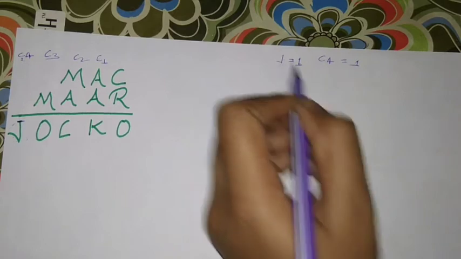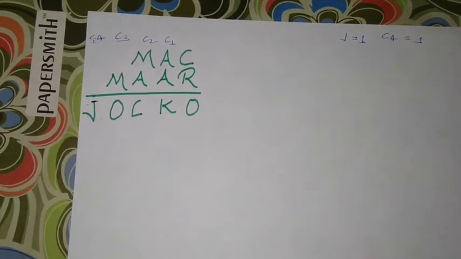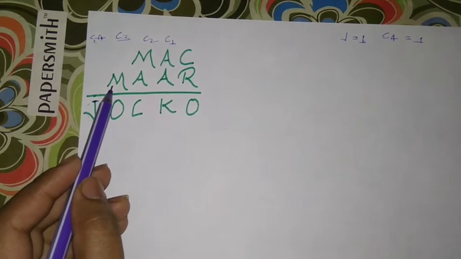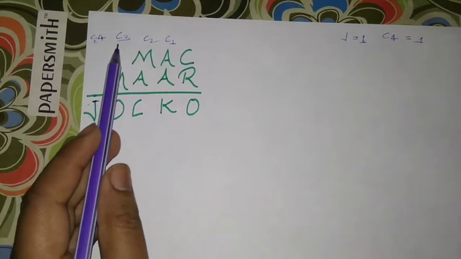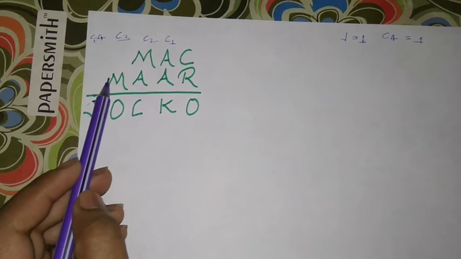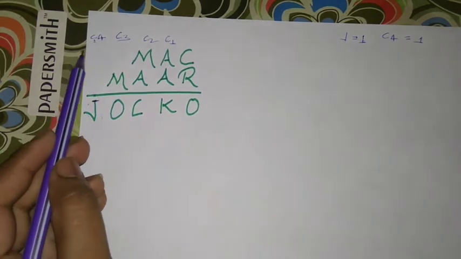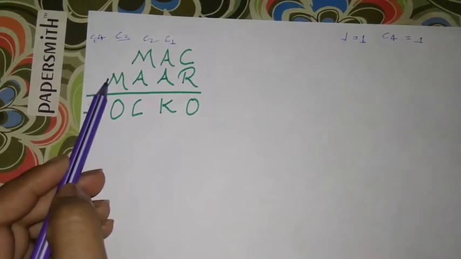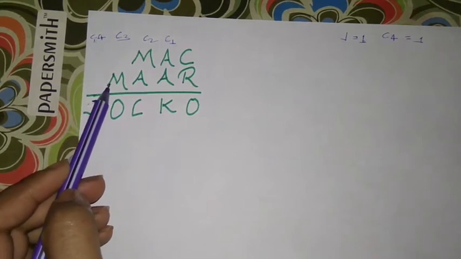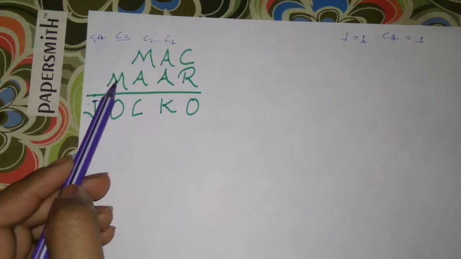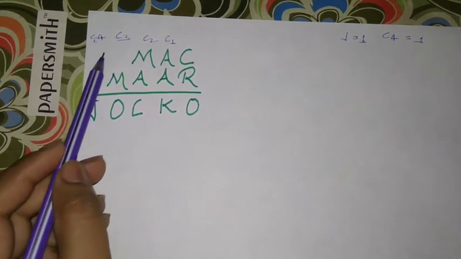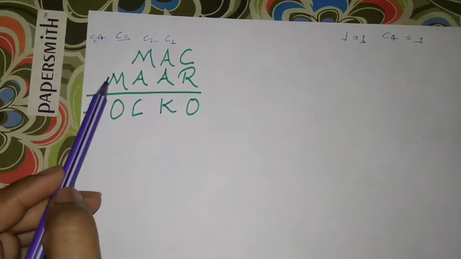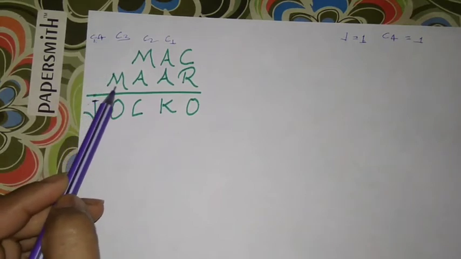Okay, now here we take the maximum value of M, such that when we add 1 carry to this value, we get 1 carry in the final output. What is the maximum possible value of M in which we add 1 carry so that we get 1 carry as a final output? That possible value is 9.